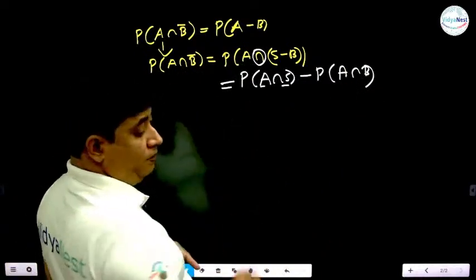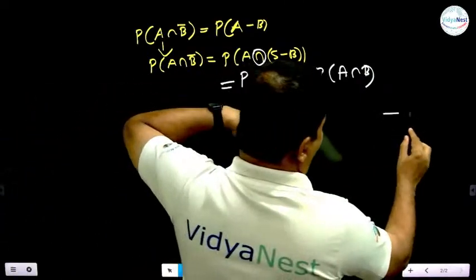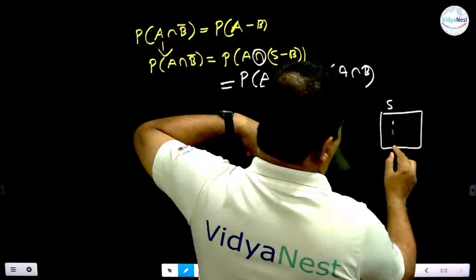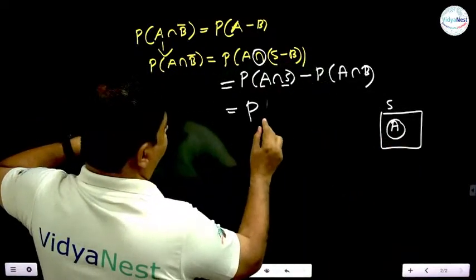A और इसका बीच में कॉमन रीजन क्या है? ए. सपोज ये है एस, ये है ए, तो ए होगा कॉमन रीजन. ठीक है. Yes.